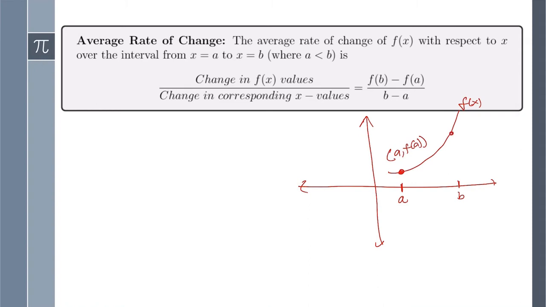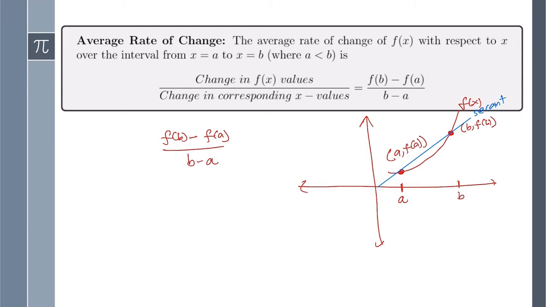The corresponding point on the graph is b comma f of b. Now, by the definition, the average rate of change is f of b minus f of a over b minus a. Now, if we draw a line passing through those 2 points, this line is called a secant line.